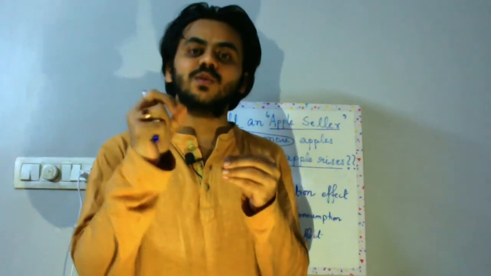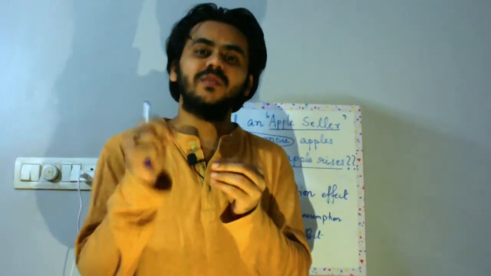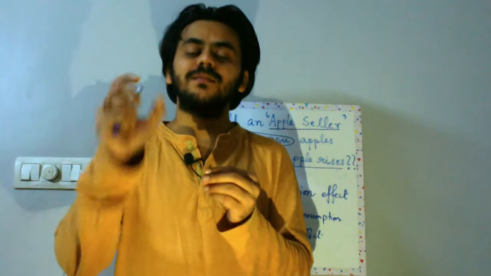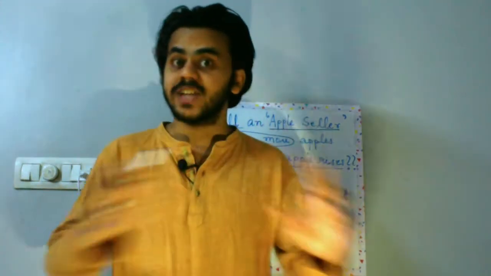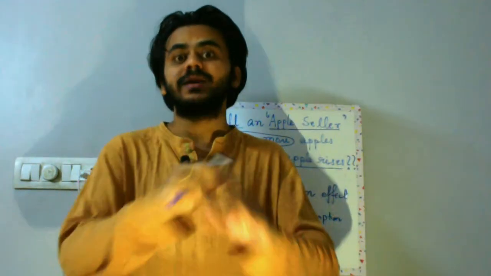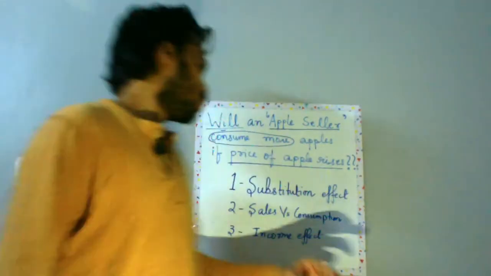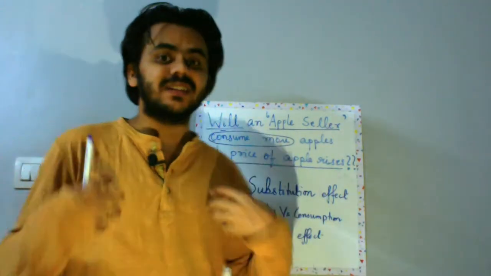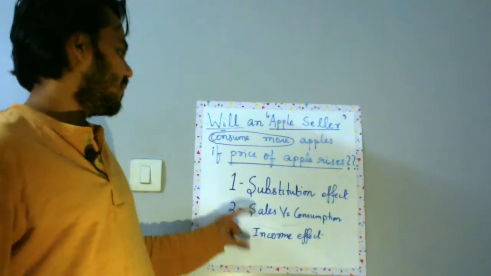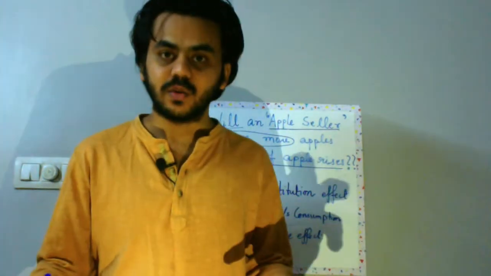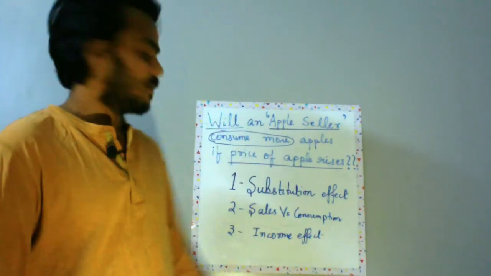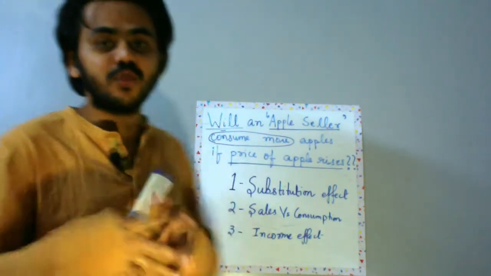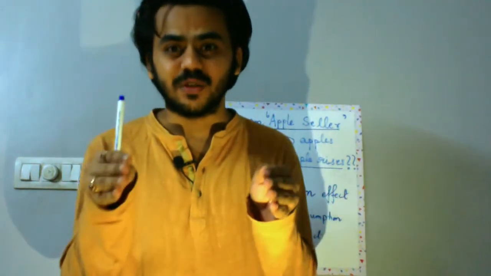So these goods which you buy more when you have more money, we have a specific name for that in economics. I'm not going to use those jargons over here. I want this video to be as general as possible. So when you have a good which you buy more when your income rises and you are a net buyer of that good, then all these three forces or drivers make you buy less of that good.